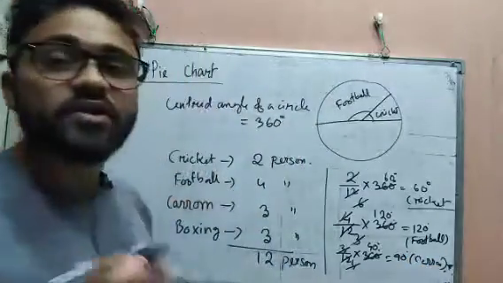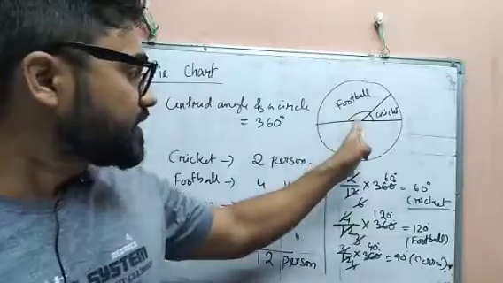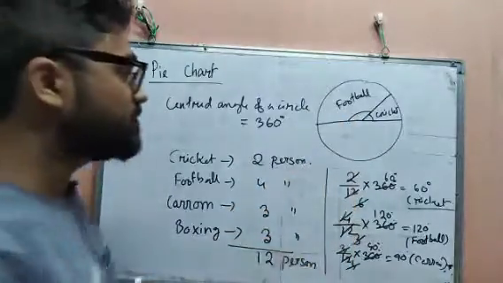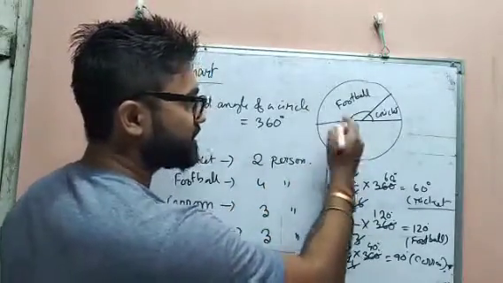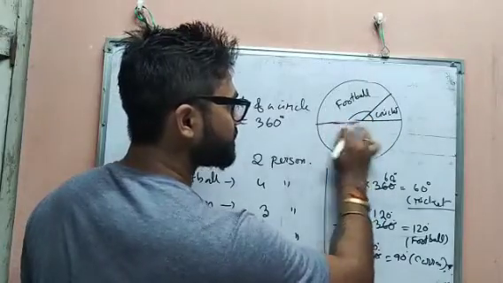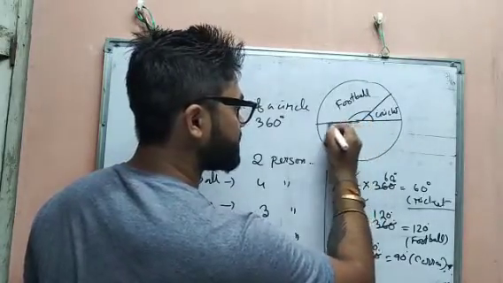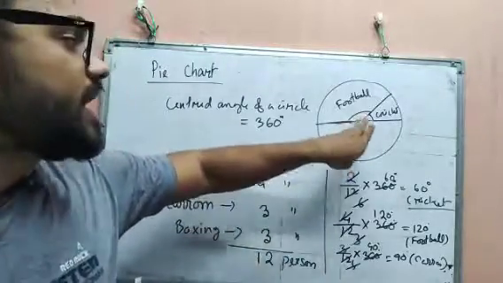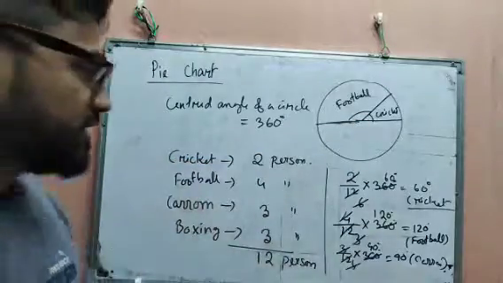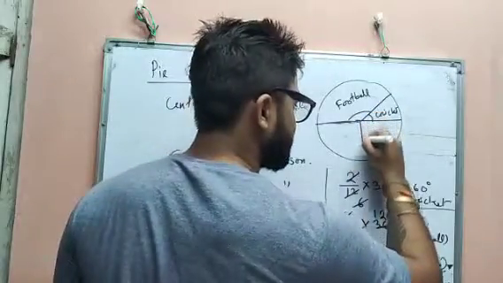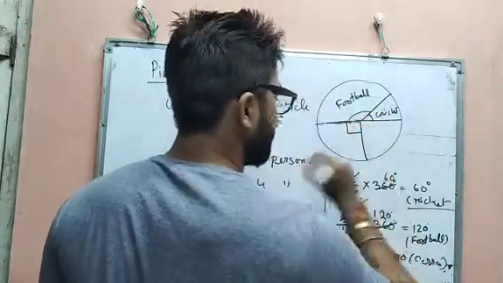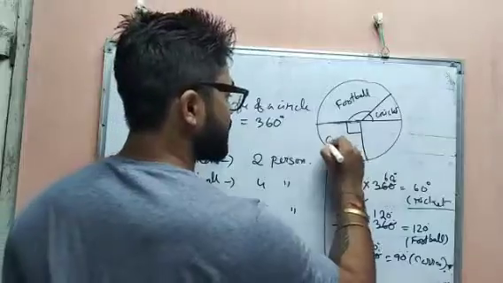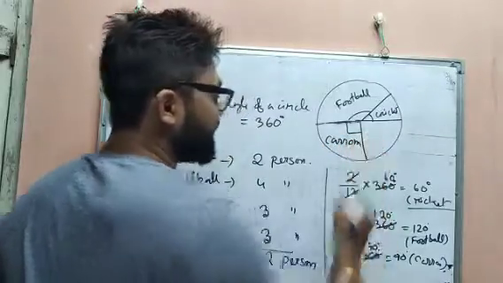When you are going to draw the 90 degree angle, you have to take this line as a base, and depending upon that line, you have to use the protractor here, find the 90 degree angle and draw it. Suppose you are getting it like that. This is for carom.